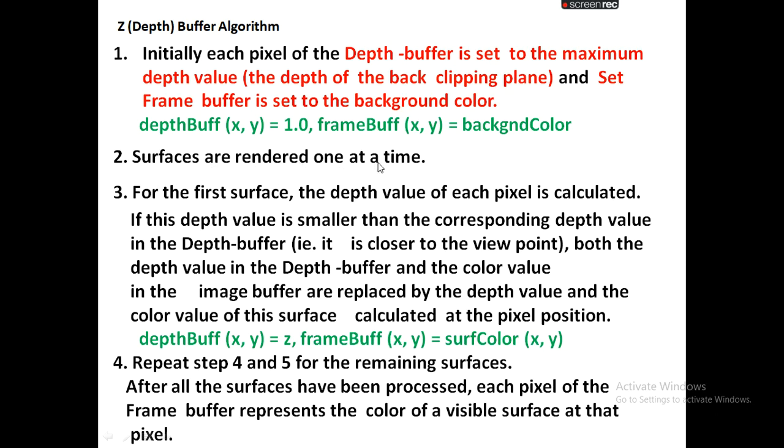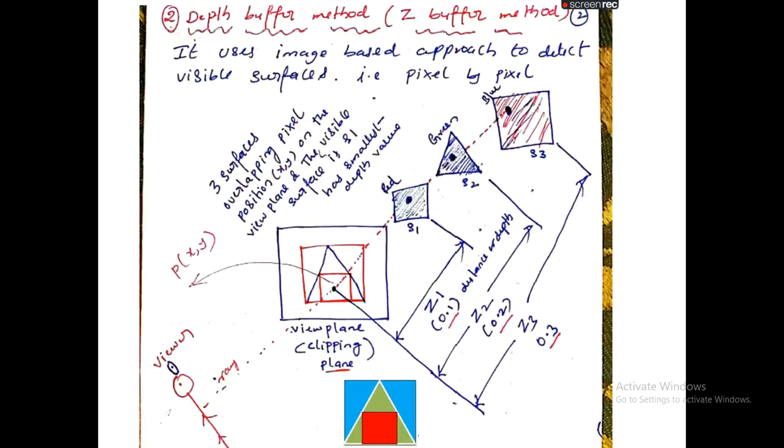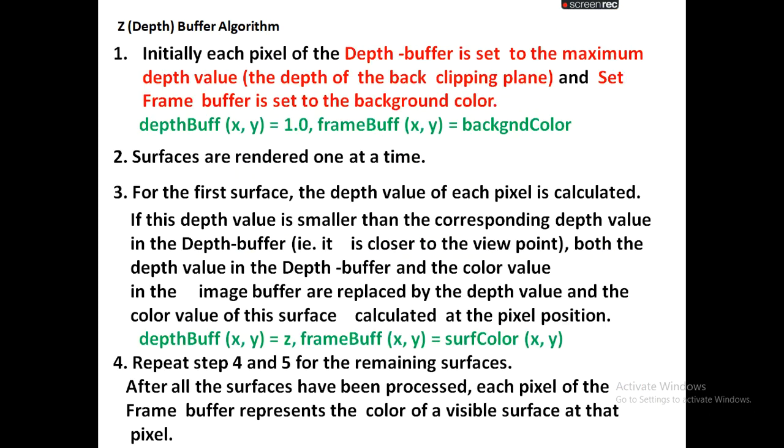So it will select the first surface to process. As per this diagram, our first surface is called the small square. So in step 2, our algorithm has selected the first surface for processing.